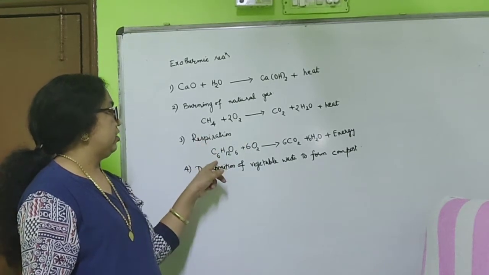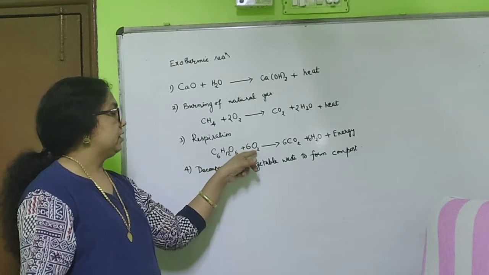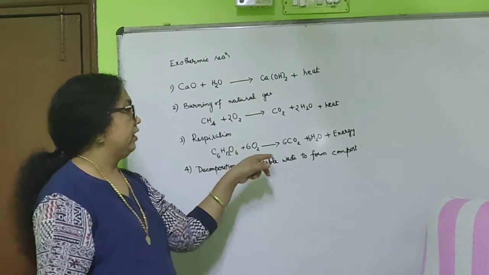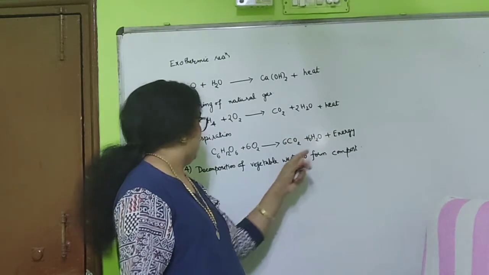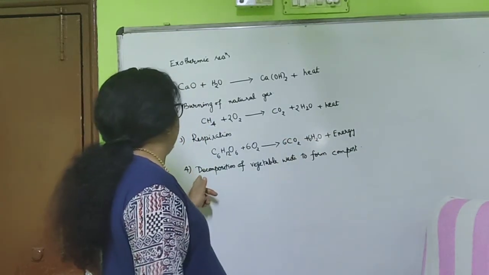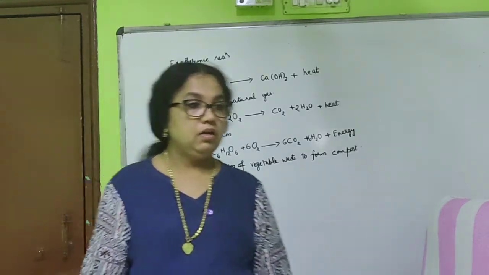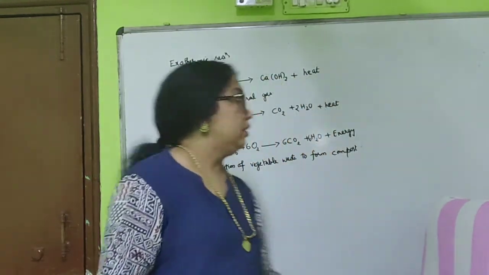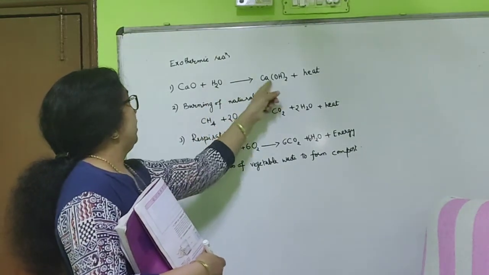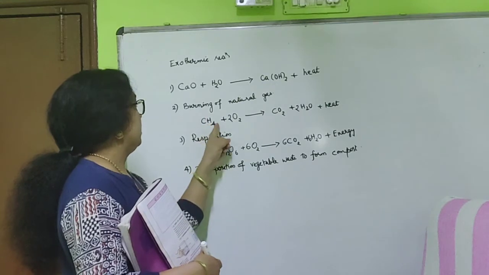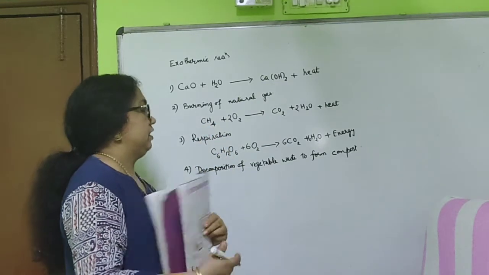And then respiration, that is glucose reacts with oxygen present in the cells of our body and is broken down to give energy along with carbon dioxide and water. Then decomposition of vegetable waste to form compost. These are all natural exothermic reactions in which energy is released as heat.